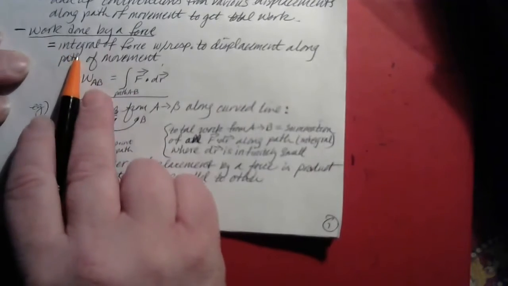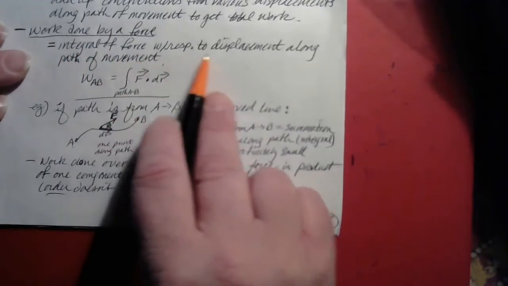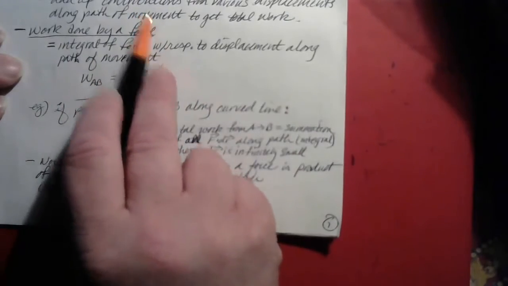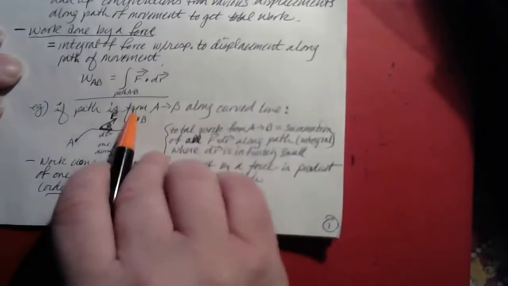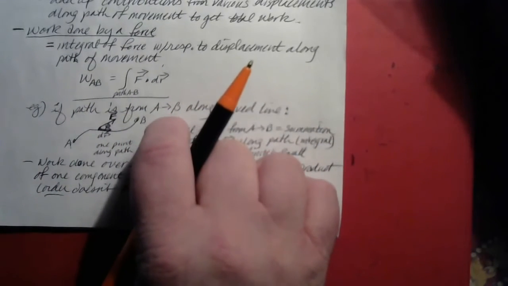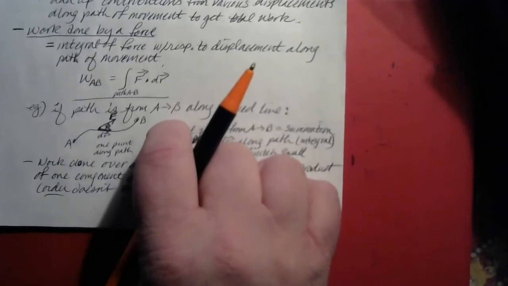The work done by a force is the integral of the force with respect to displacement along the path of movement. That's basically what was just said above, only said more mathematically here. When you're adding up a whole series of tiny little items one after another, that's basically what an integral is.